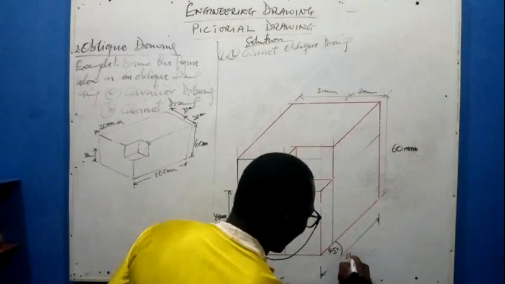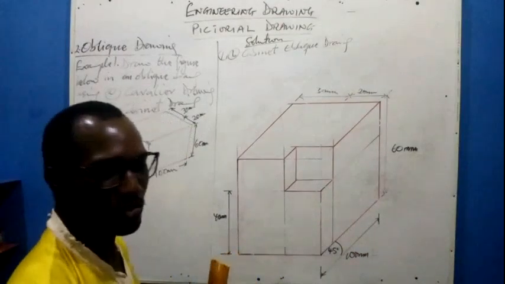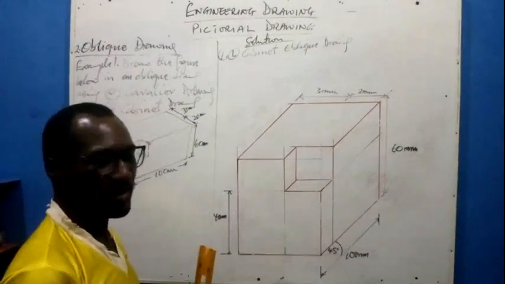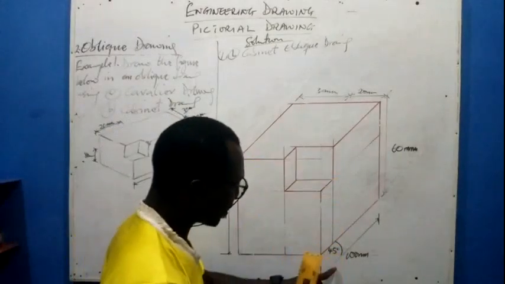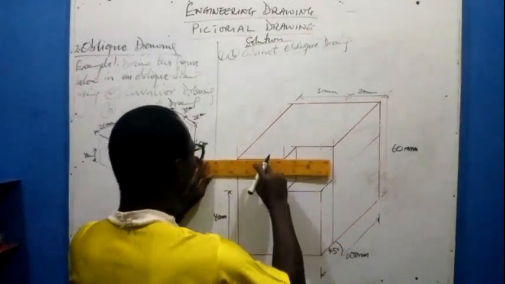Here becomes what? 100 millimeters. Although you divide into 2, you are not supposed to write the 50. You are supposed to use the 100. Then I'll bring the smaller section here. I can choose to bring the smaller section here, 2080, or I can choose to do it here.